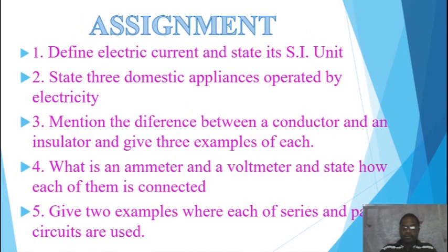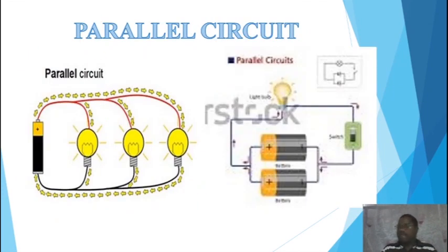Okay? Now, in summary, we say that the electric current is the flow of electrons in an electric circuit. And we define a conductor as a material in which the energy applied can move the electrons from one point to another, while an insulator is a material in which the energy applied cannot move the electrons.